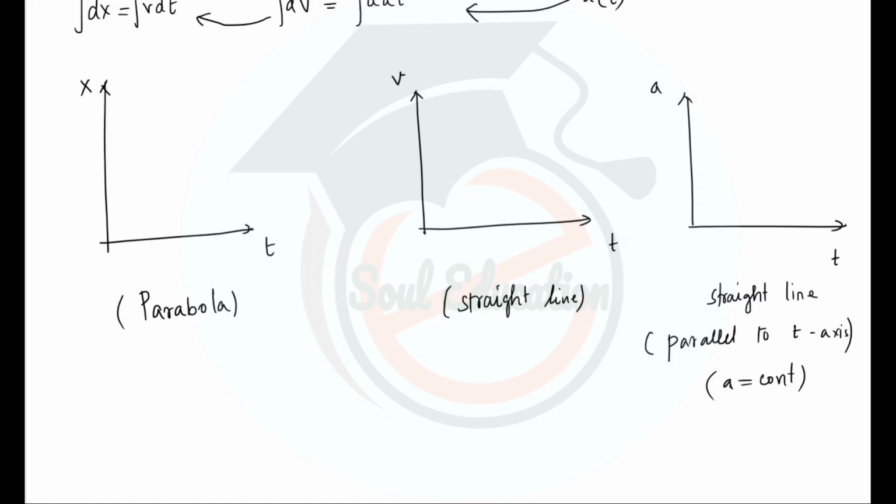Here it is also a straight line, but it varies linearly, whereas this straight line is constant.